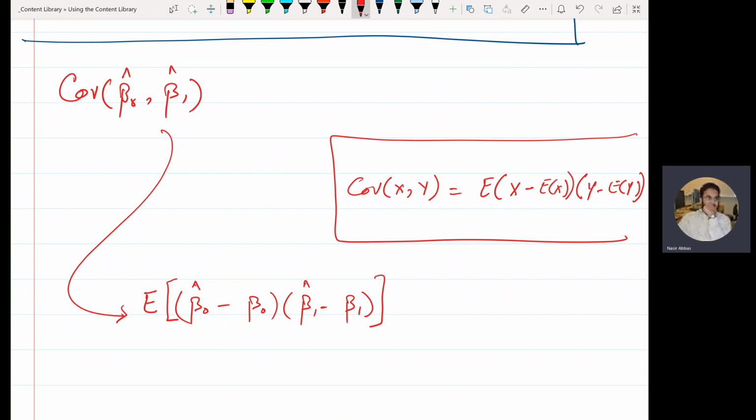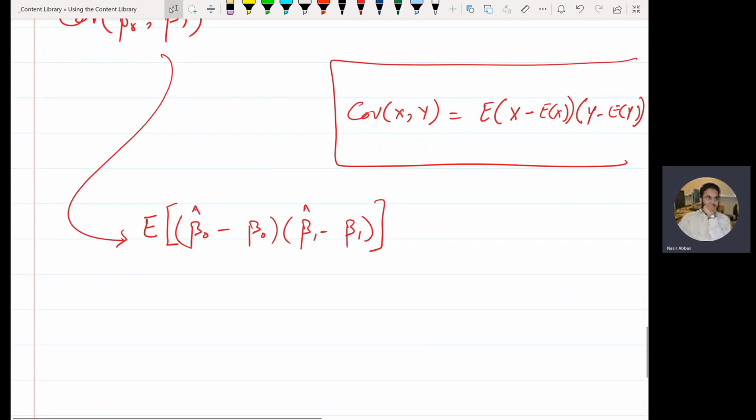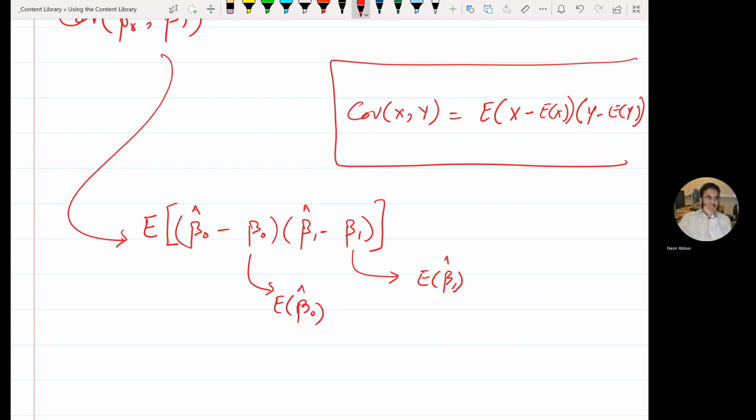Right? These are the expected values of beta 1 hat and beta naught hat, which we already proved.